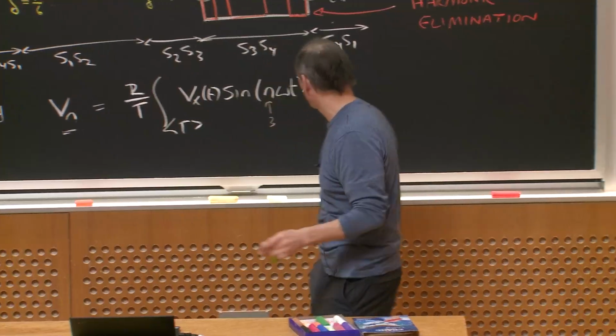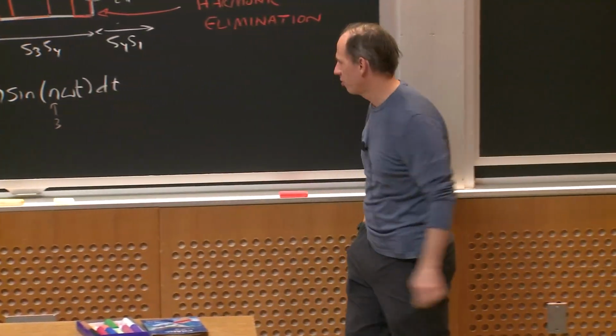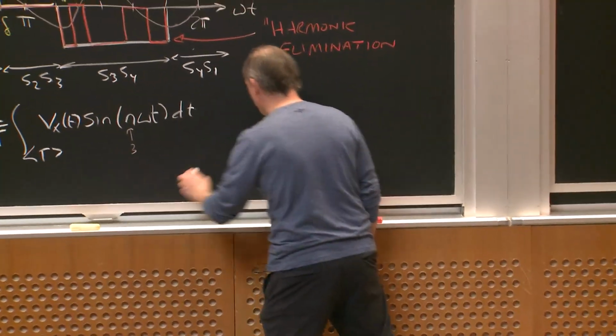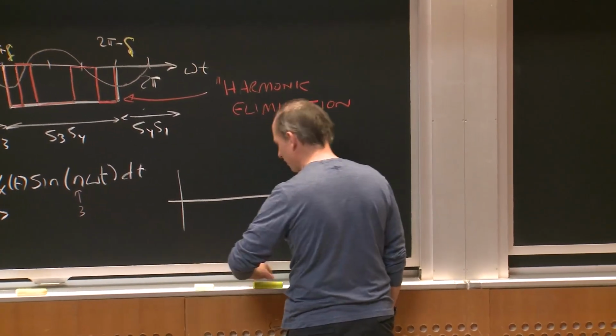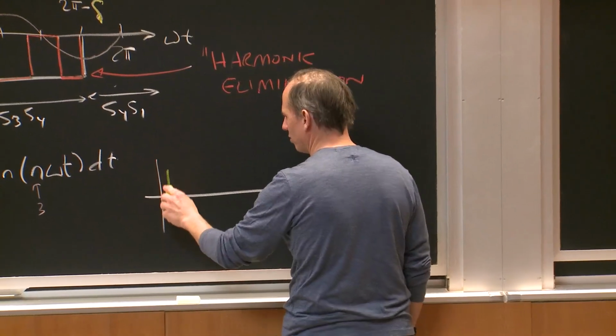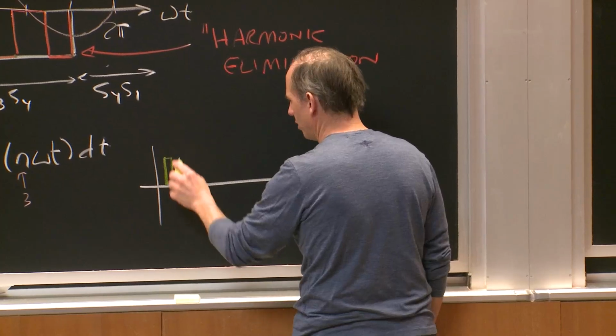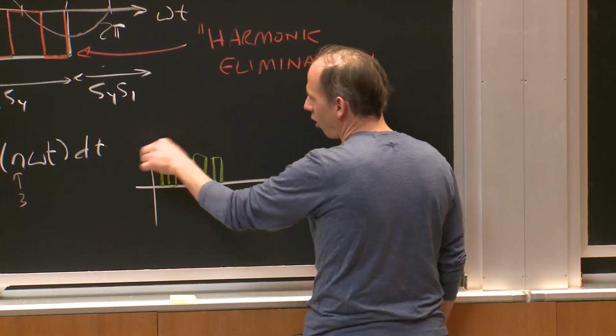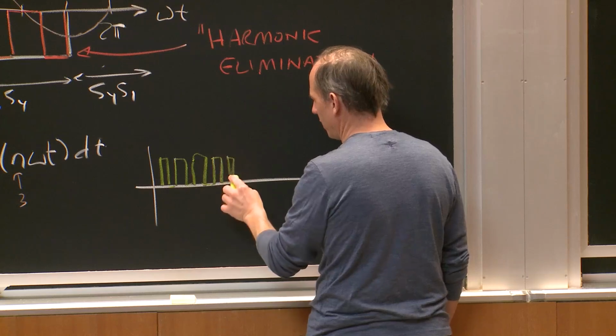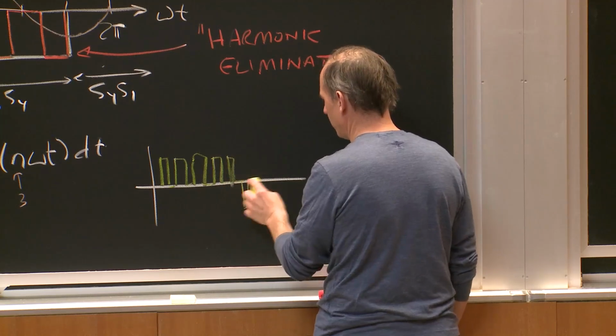Okay. The other thing I'll point out is if I took this to its logical conclusion, so suppose I said, okay, I want to get rid of a bunch of harmonics, right? So imagine my pulse waveform looked like this, and I'm not going to be quantitative now, but maybe I would have something that looked like this, pulse, and another pulse, and another pulse. And these are all very controlled widths, right? And then I do this, right?